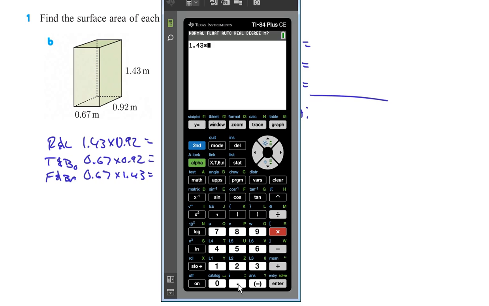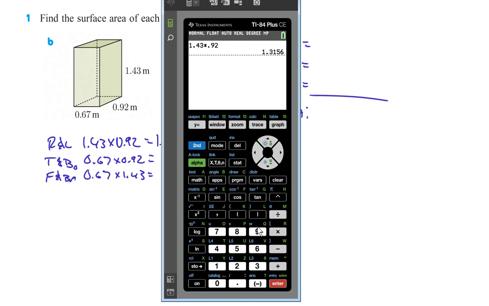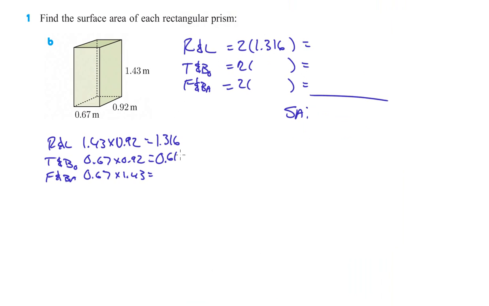1.43 times 0.92 gives us, let's go out to 3 decimals, 1.316. Then 0.67 times 0.92 gives us 0.616.